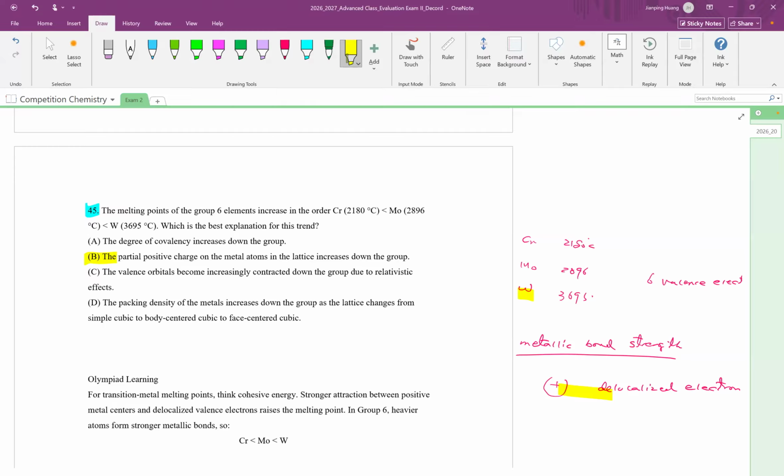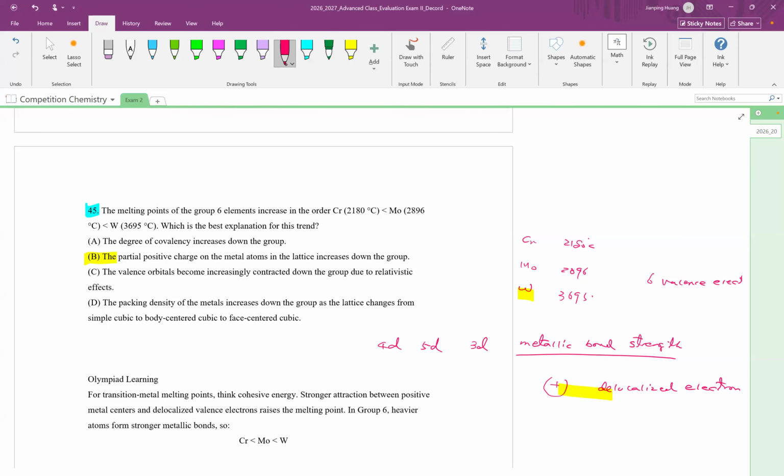Remember the difference we discuss all the time, 4d and 5d. 4d, 5d are normally spatially more extended than 3d, so that 4d, 5d allow stronger overlap between neighboring atoms.